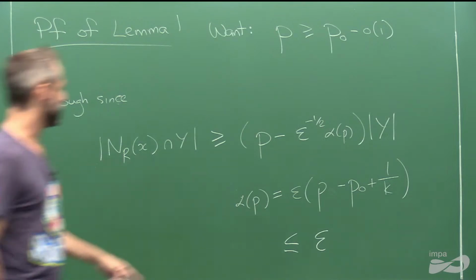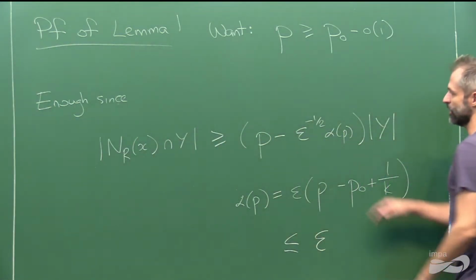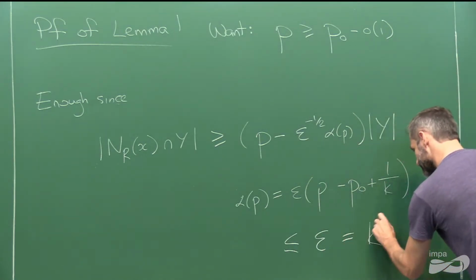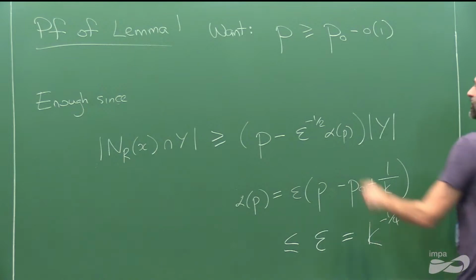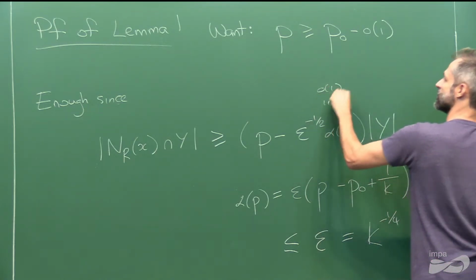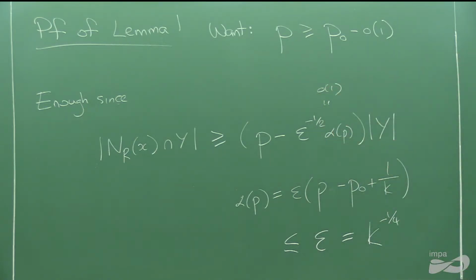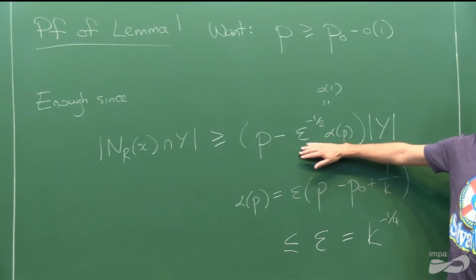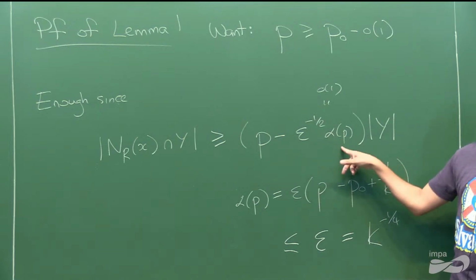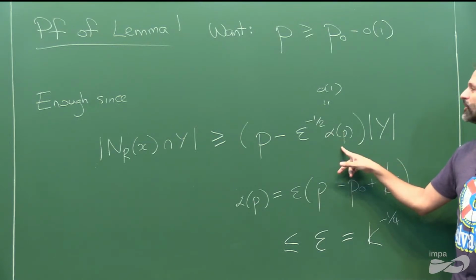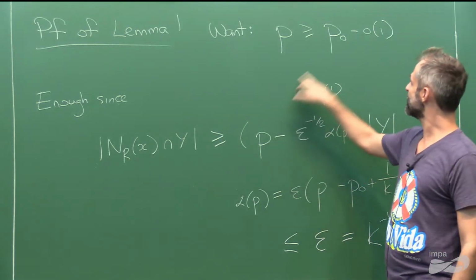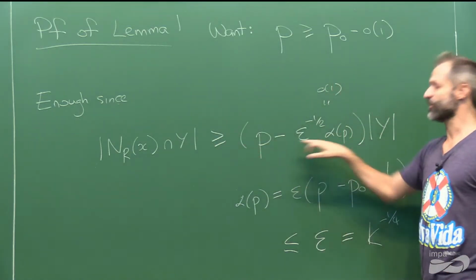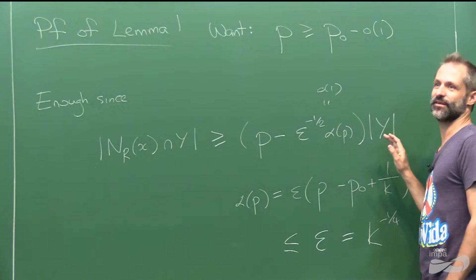Okay, so because alpha of p is at most epsilon, and remember that epsilon is k to the minus a quarter, this thing here is little o(1). Right, because it's epsilon minus half times epsilon. So as long as p is at least p0 minus little o(1), the size of the red neighborhood is at least (p minus little o(1)) times y.